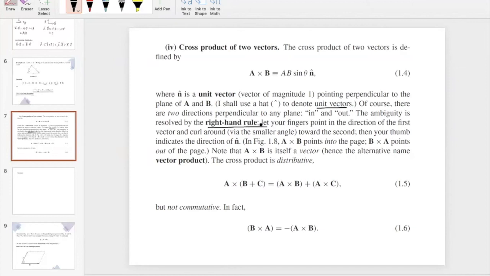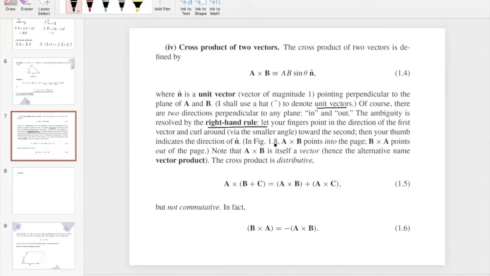So the right-hand rule is: let your fingers point in the direction of the first vector, in this case vector A, and curl around towards the second vector, which is B here. Then your thumb indicates the direction of the normal vector n.